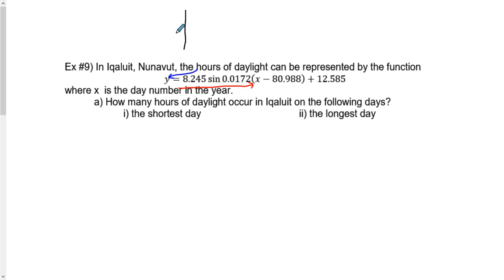So if we have it on an XY axis, all along the x-axis just talks about the day number. On the y-axis, it talks about the hours of daylight.